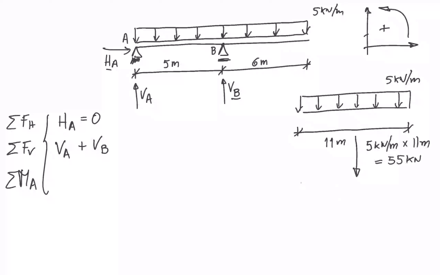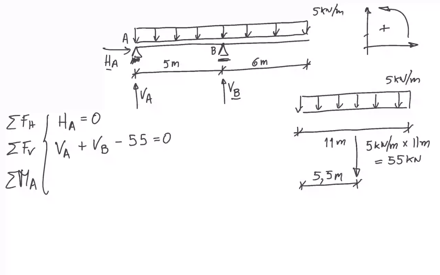And since this is a rectangle, it is applied at the middle of it, 5.5. So VA, VB, and the other vertical force is 5 kilonewtons per meter, which is vertical but downwards, so negative, and the resultant of this is 55.